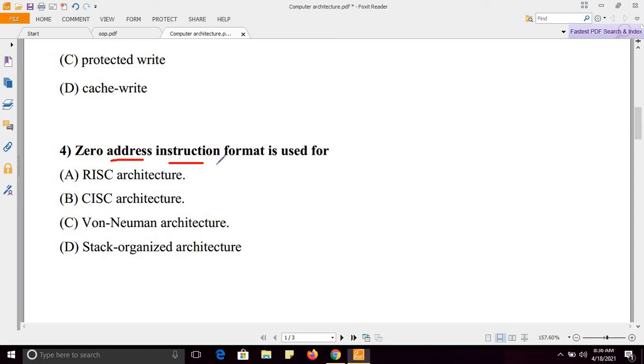Whether it is for RISC architecture, whether it is for CISC architecture, whether it is for von Neumann architecture, or whether it is for stack organized architecture.